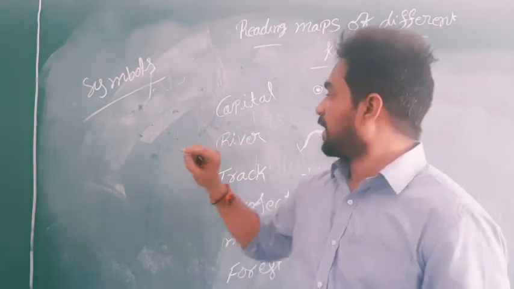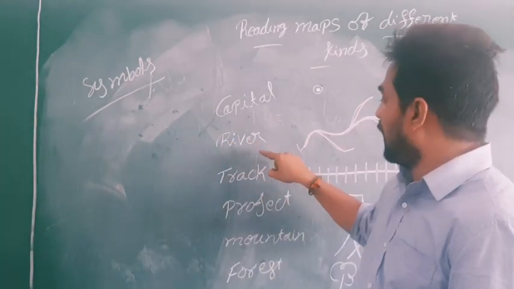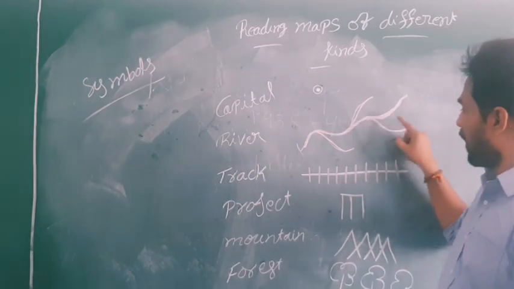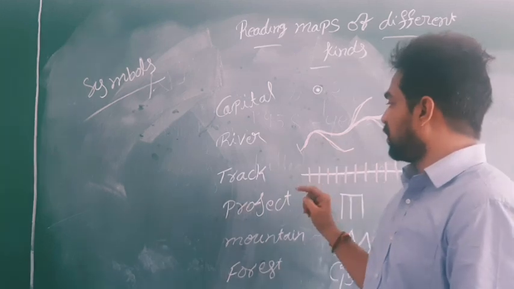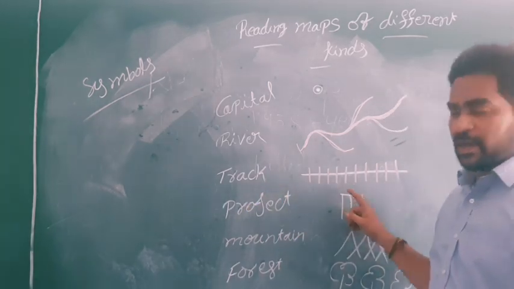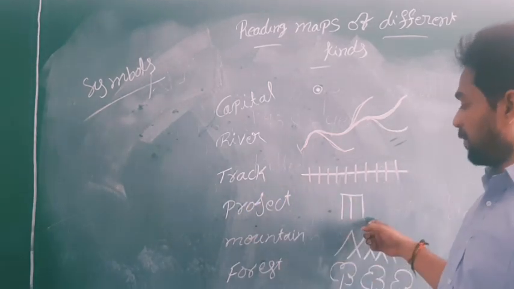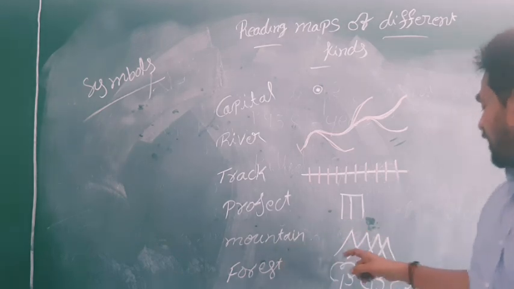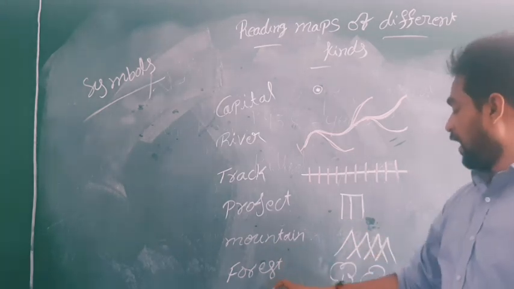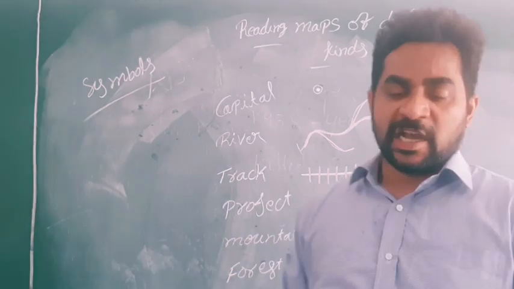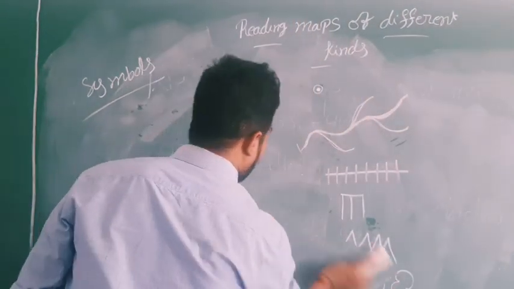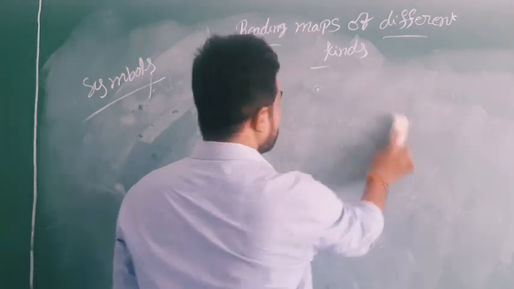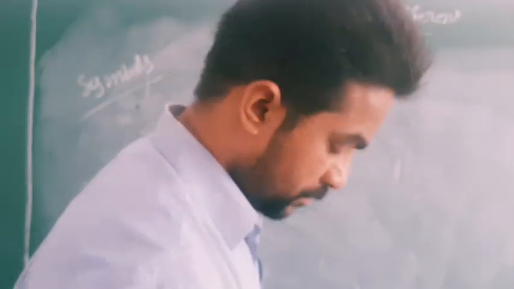Rivers can be shown like a curved line, with some small lines joined to it, and the track can be shown like a track symbol. Projects can be shown like this, and mountains like this, and forest as a group of trees. I'll give you some examples of how we can draw this on the map.